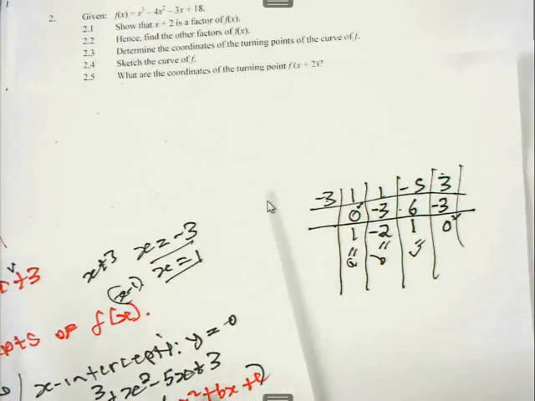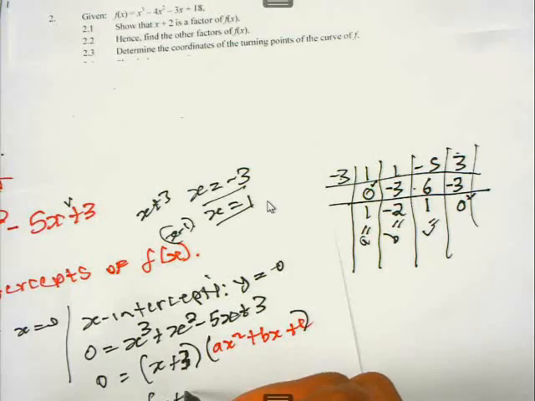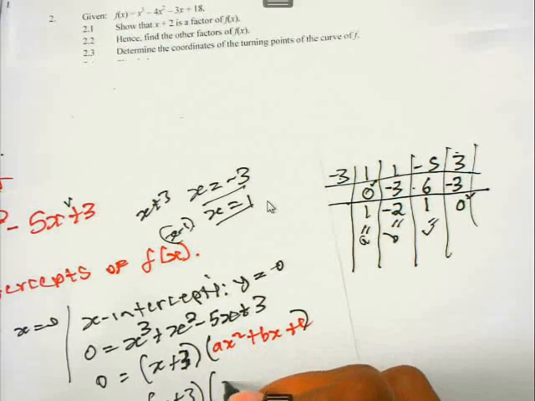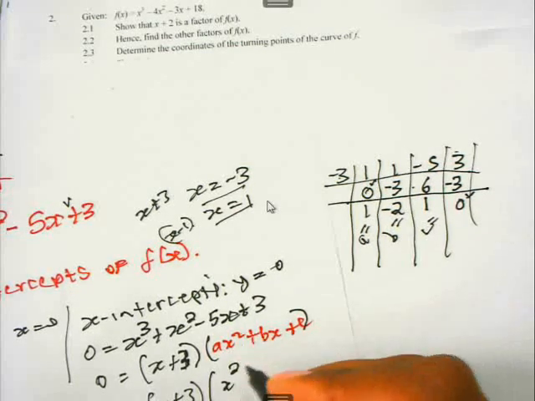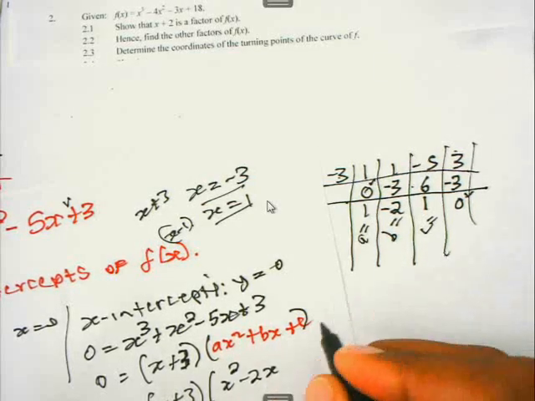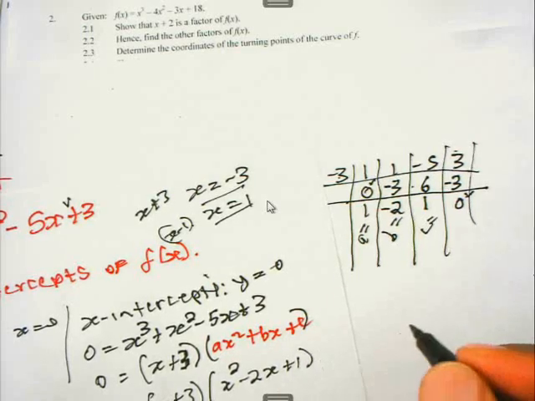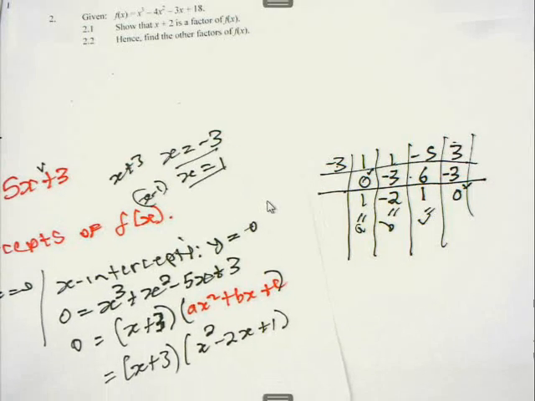Then I can write this on this side to say, good, now we have x plus 3 here, and this one we have x squared because A is 1. And now from there, B also is a minus 2x. And now C is a positive 1. And then, of course, here we have the quadratic one.